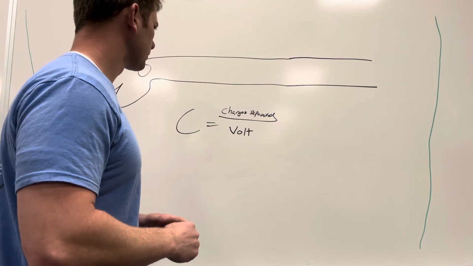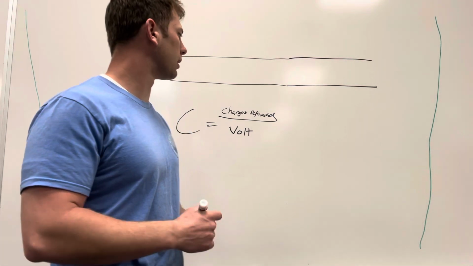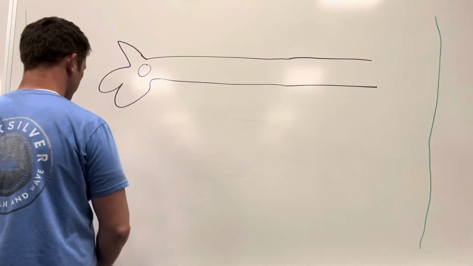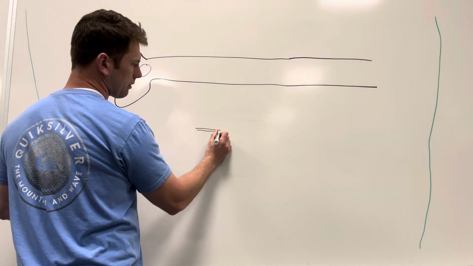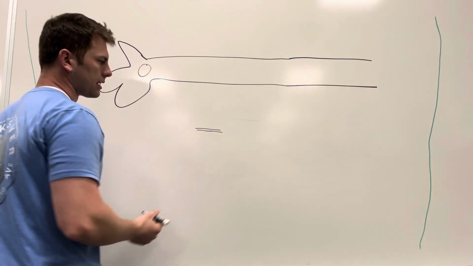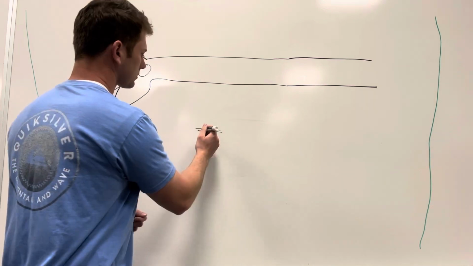And so a little drawing that helps me understand it. I'm gonna actually erase this. So if we have a cell membrane, pretty normal. Capacitance is basically how many charges we can get together.